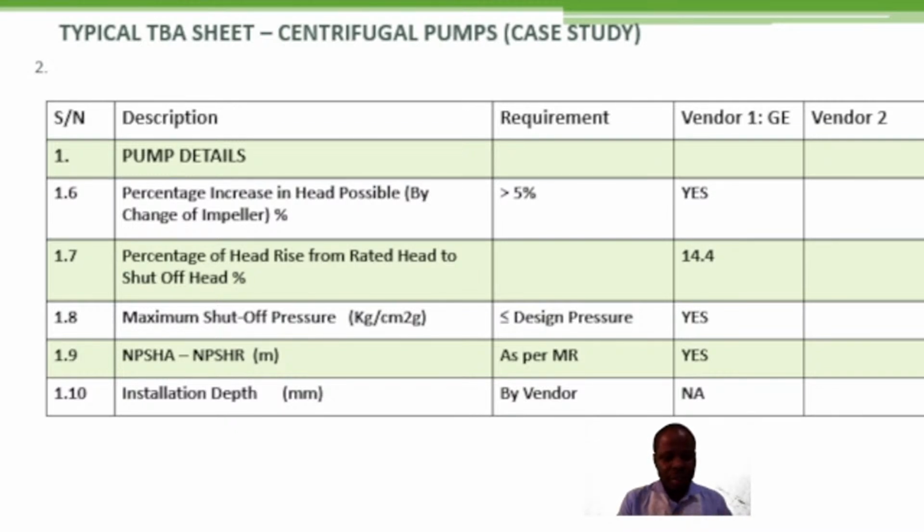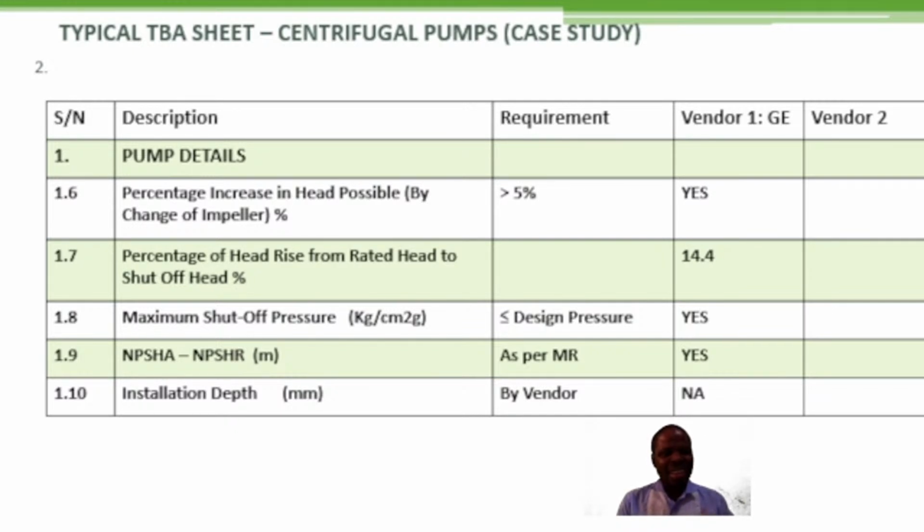But first and foremost, for the purpose of the bid analysis, you just need to check that the percentage increase in head, as stated by the vendor, is it possible? If it is possible, you write yes. If the vendor said it's not possible, you write "not possible according to the vendor," because it's going to be a major criterion that you're going to consider before you finally make your decision.